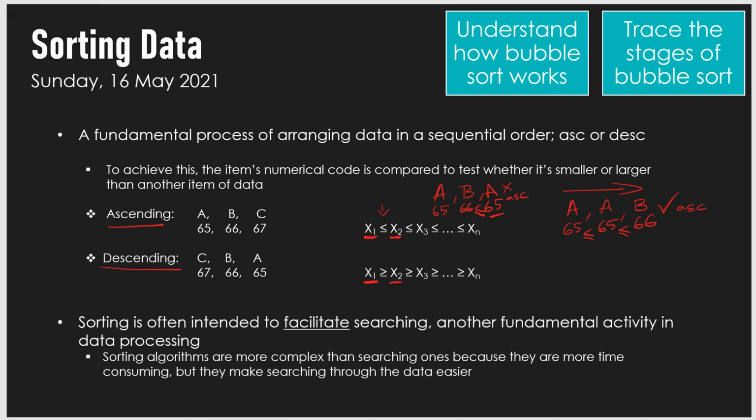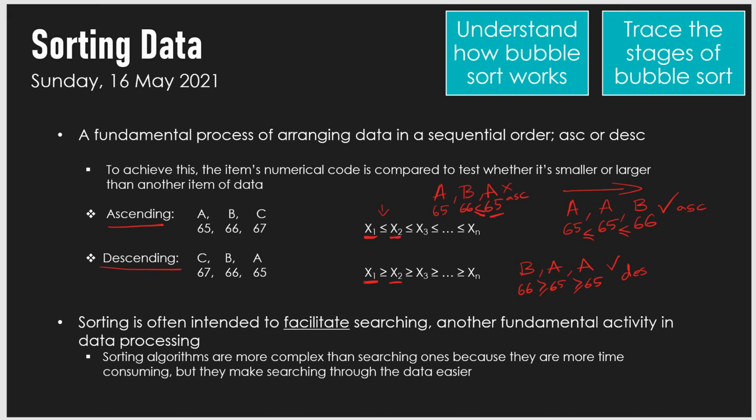So if that, for example, is B, A, and again A, we can see that 66 is greater than or equal to 65, and 65 is greater than or equal to 65, and so this is a correct way of doing a descending list.